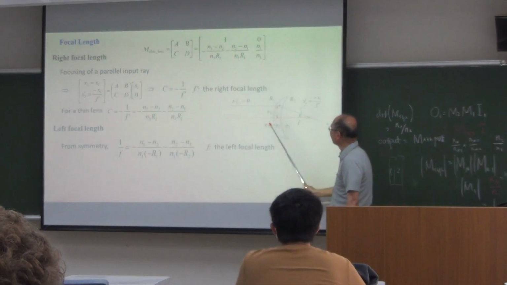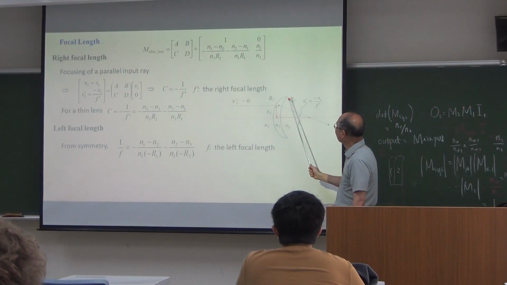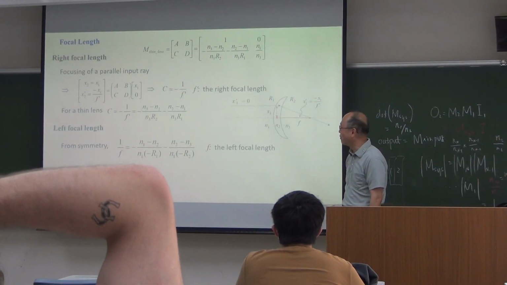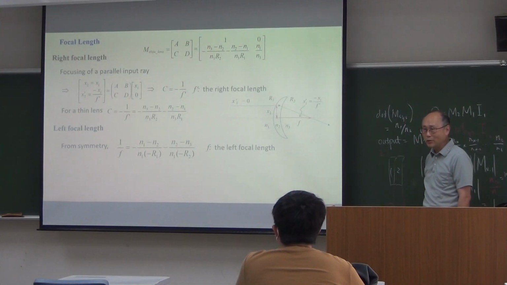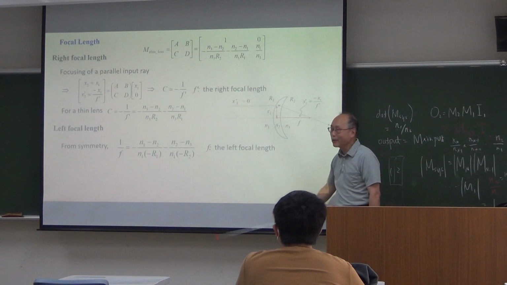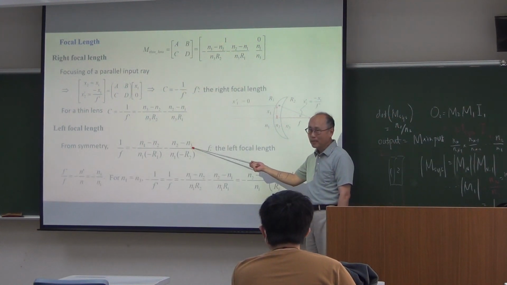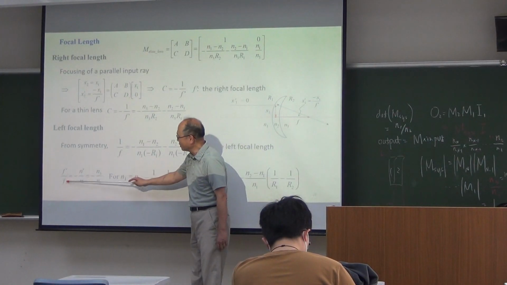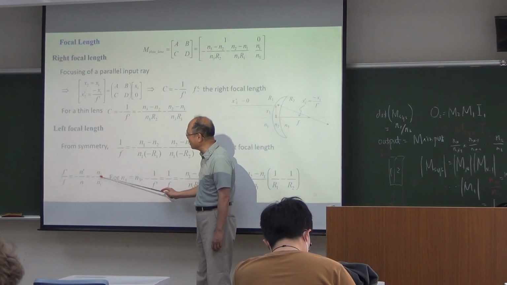And then the radial curvatures are also exchanged: R1 is replaced by R2, and R2 is replaced by R1. So you can do this sort of variable substitution, and you generate a so-called dual equation for the left focal length. It's interesting that if you do a ratio of these two focal lengths, basically you'll be getting a negative ratio of the material indices.